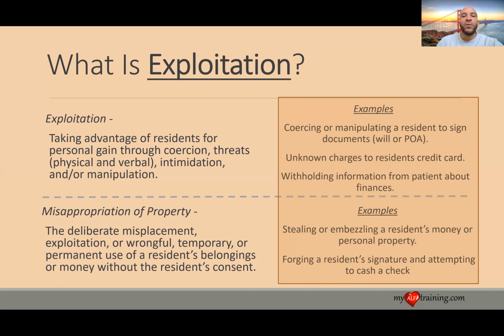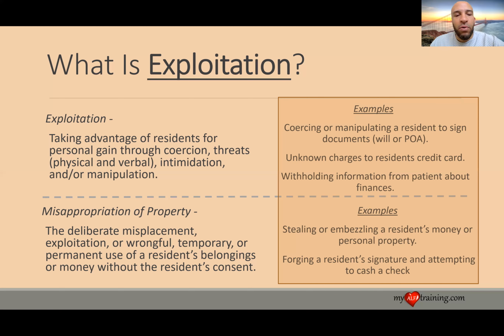And also withholding information from the patient about their finances. This may be done in good interest from some family members in specific situations, but this can also be exploitative behavior. So we need to keep an eye out for these types of behaviors, threatening the patient or trying to manipulate them in any kind of way.